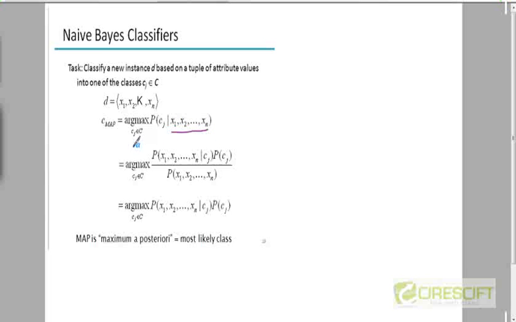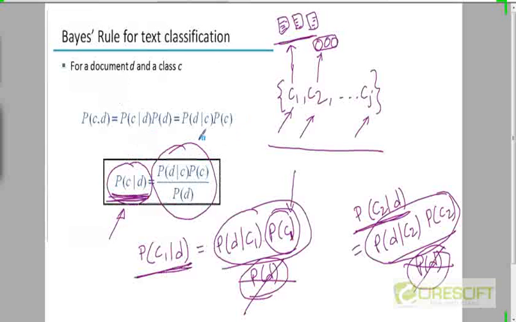Okay, so what is the probability? How would you compute this particular value?